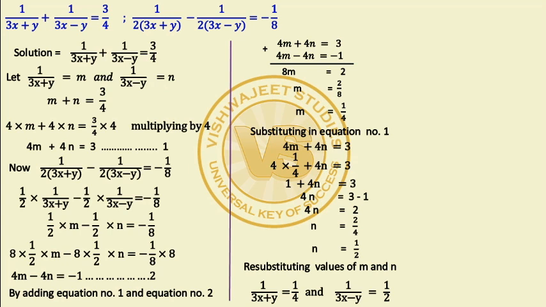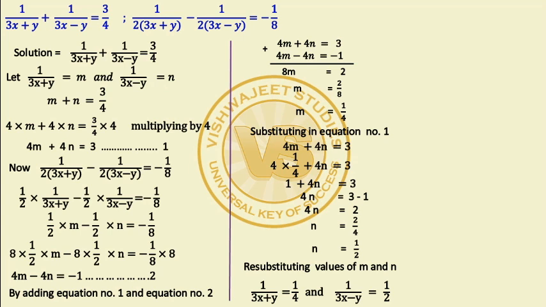Here 3x plus y and 4 both are at the denominator and the numerator is 1. And in the second equation also 3x minus y and 2 are at the denominator and the numerators are 1.